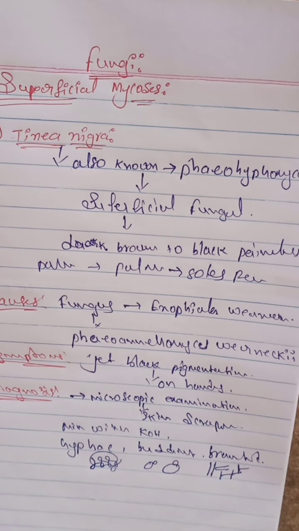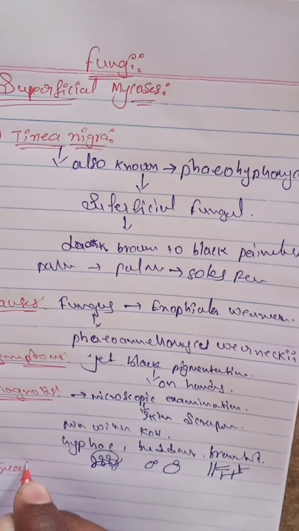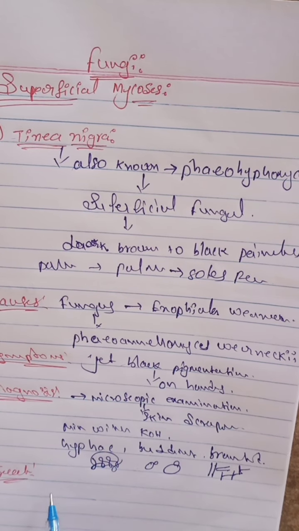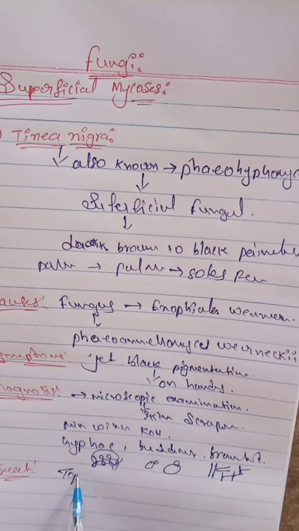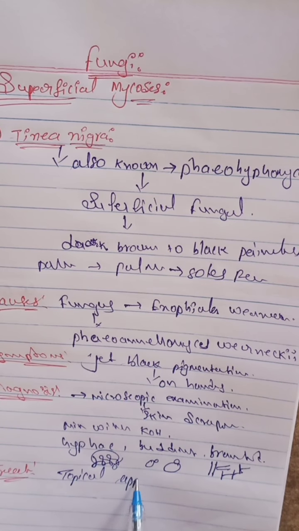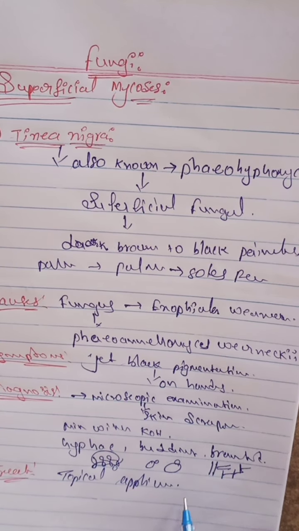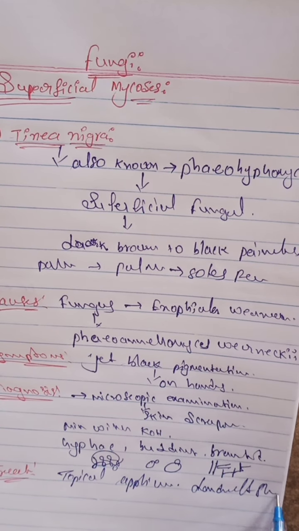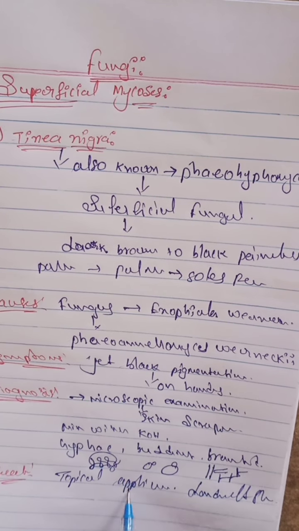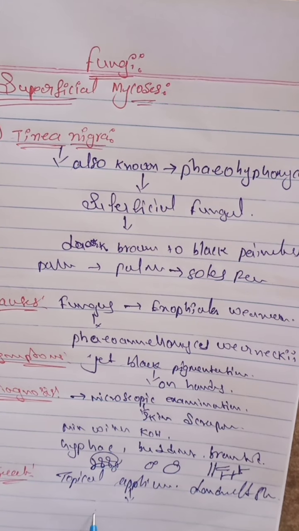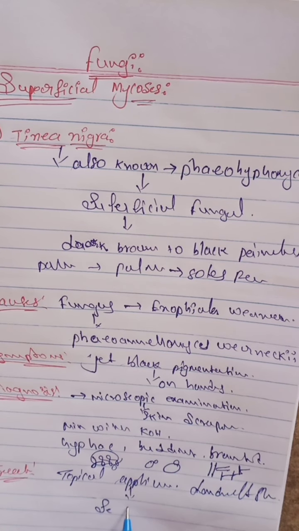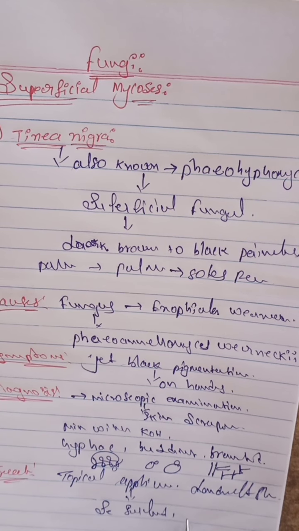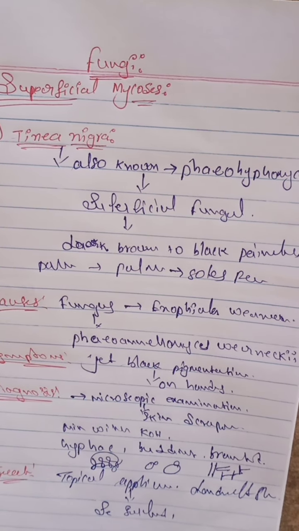And what is the treatment? It consists of topical application of dandruff shampoo, and the shampoo contains selenium sulfide, which is applied over the skin.